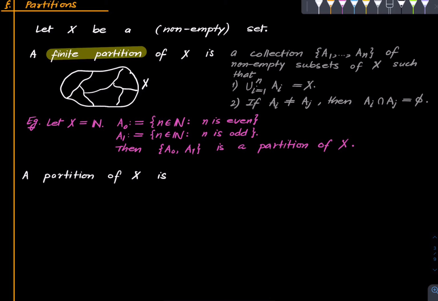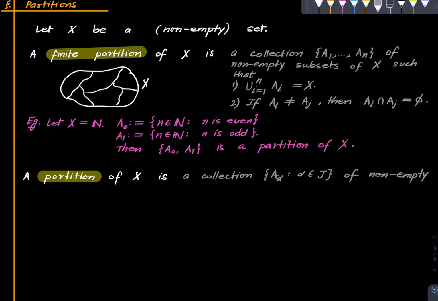So let's continue. Now we will define the notion of a partition, nothing to do with finiteness. Again, X is a non-empty set, then a partition of X is a collection of subsets of X, but here the indexing set J could be infinite, and that is indexing our subsets of X. So it's a collection of non-empty subsets of X such that, again, two conditions.